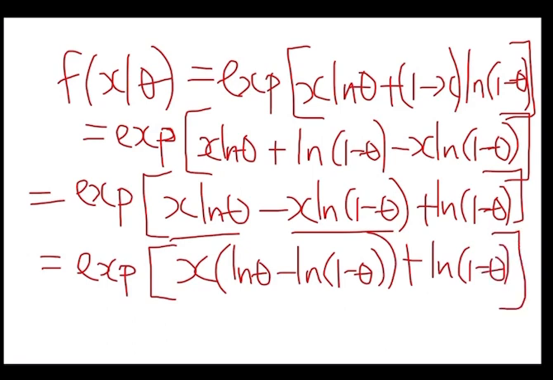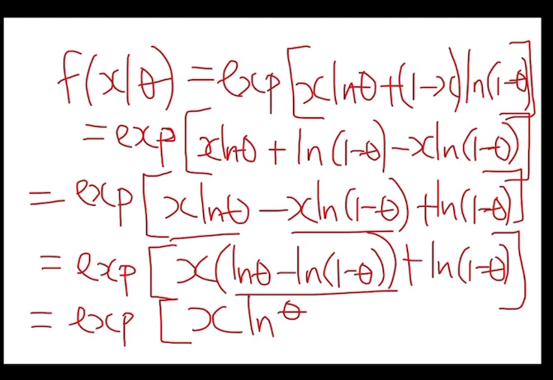Using the mathematical law here, this is going to be ln of theta over 1 minus theta. Now this is the final simplification.